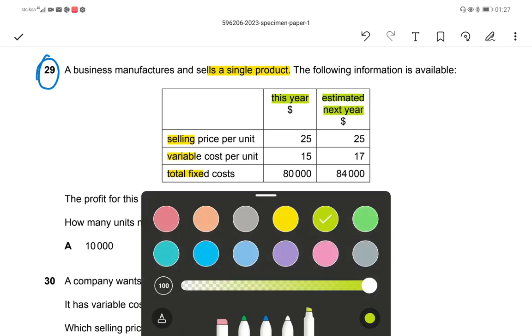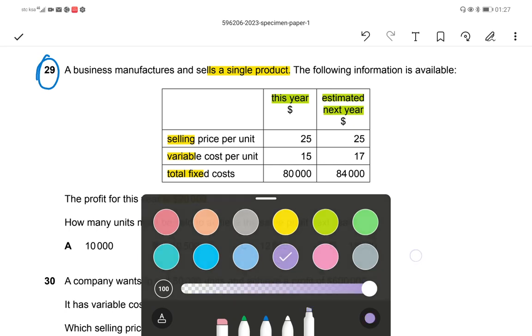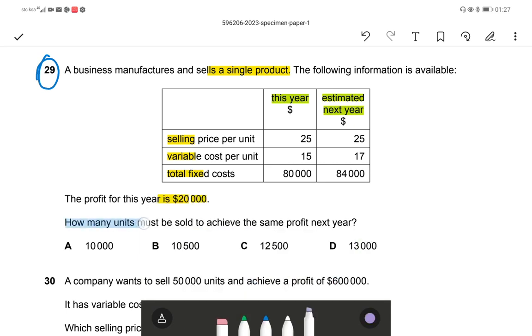What is the question? How many units must be sold to achieve the same profit next year? Next year, how many units do they have to sell to achieve 20,000 profit?